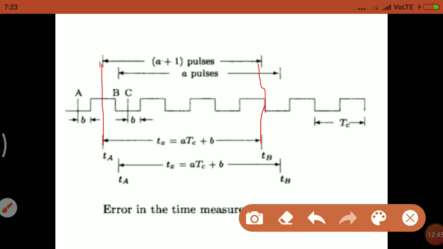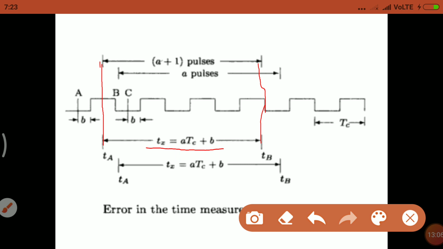Now we know that the Tx is measured as A into Tc plus B. During this time interval, the number of pulses counted by the counter is A plus 1.